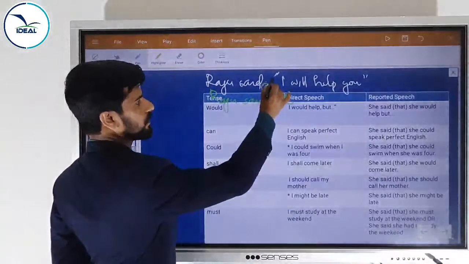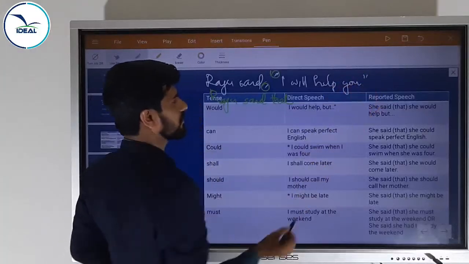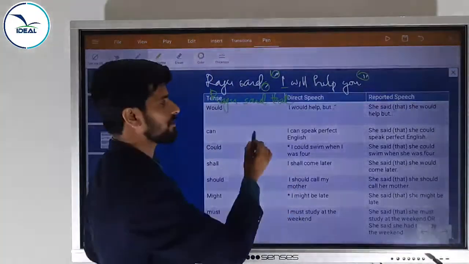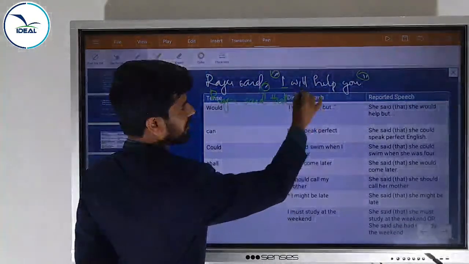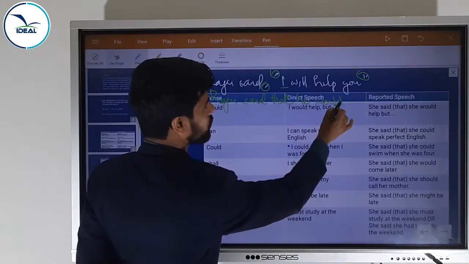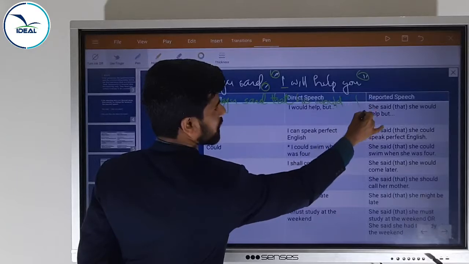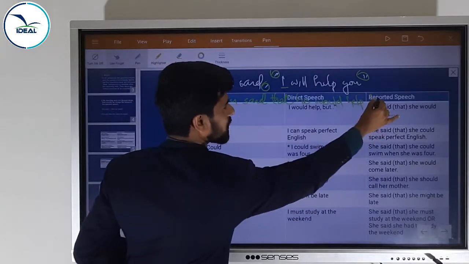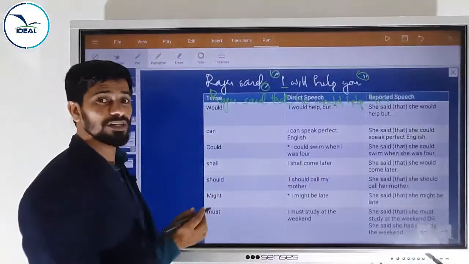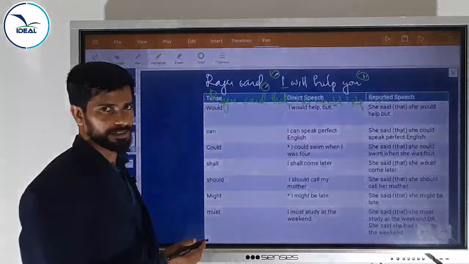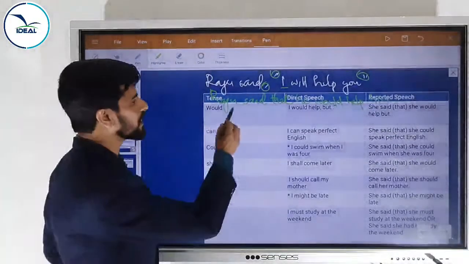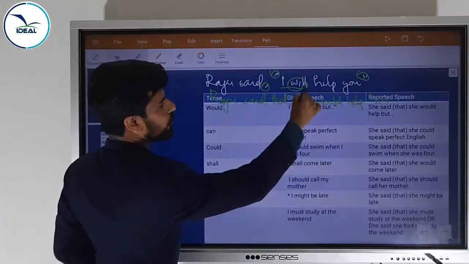So, you removed this one, right? Then instead of I, you can write he, and will becomes would, right? He would help him. You becomes him or her as per the person to whom he offers the help, right? So Raju said that he would help him. Understood? So will becomes would.